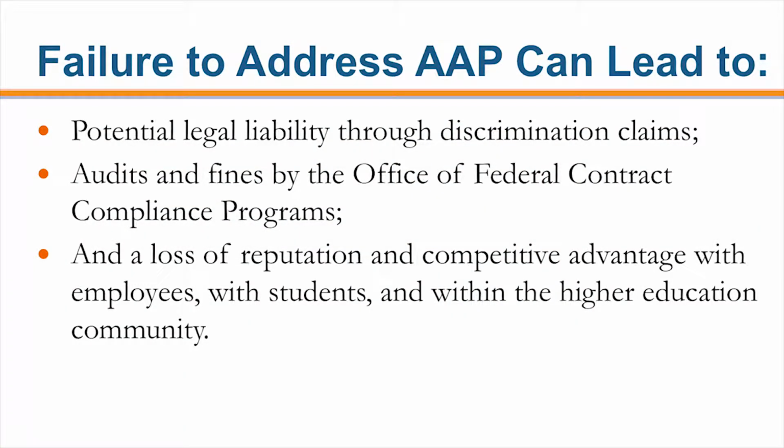If we fail to properly address the AAP goals, the consequences to the university could include potential legal liability through discrimination claims, audits and fines by the Office of Federal Contract Compliance Programs, and a loss of reputation and competitive advantage with employees, with students, and within the higher education community.